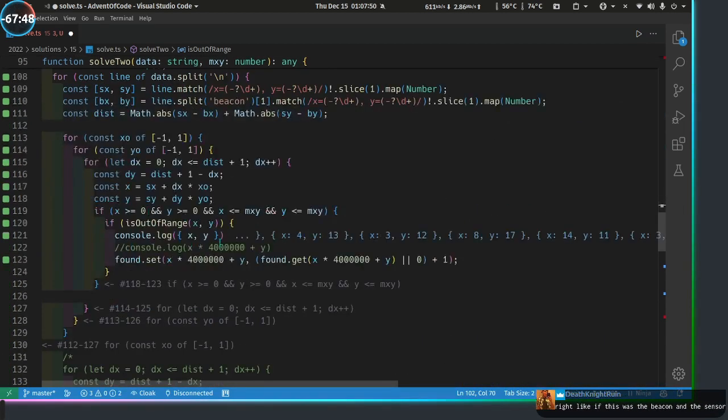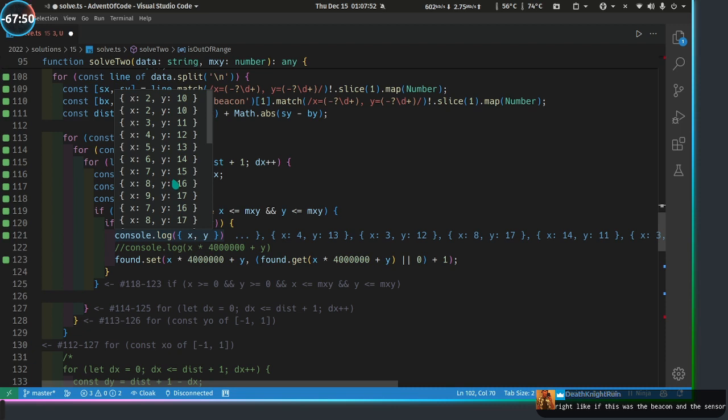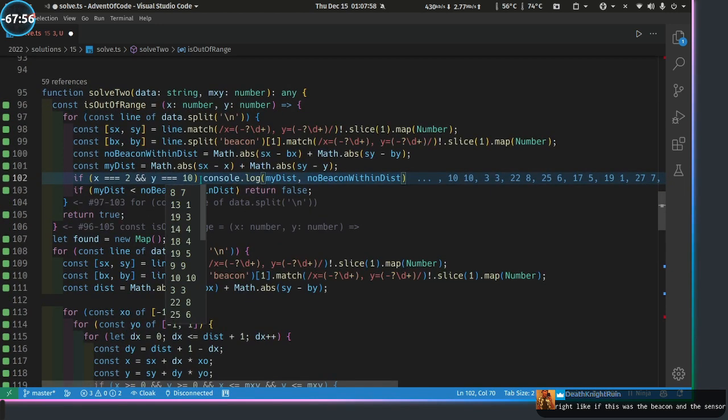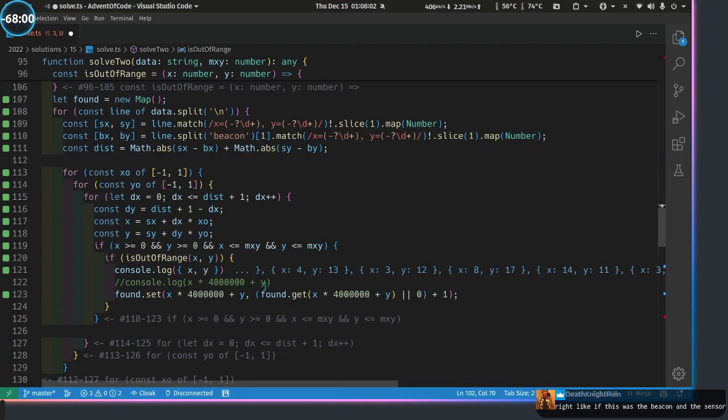Why are so many 2, 10s running on this? X equals 2, Y equals 10. Why are you logging so many? You're supposed to run once.